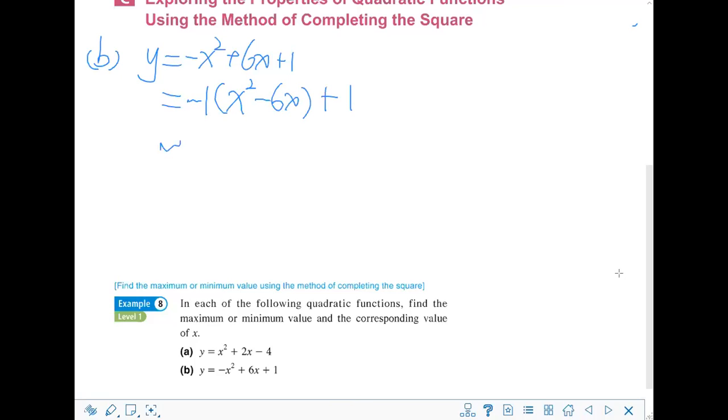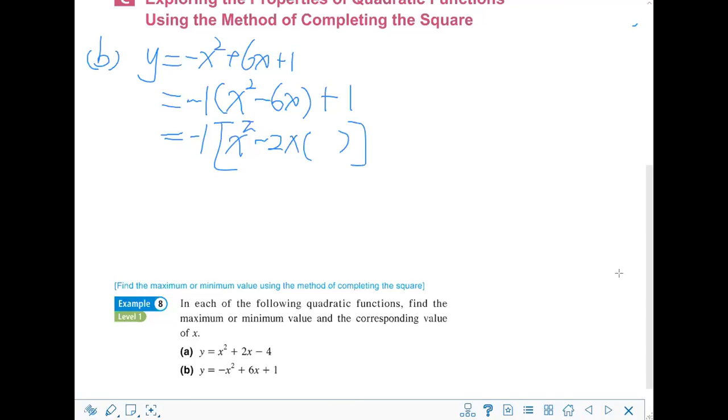And then for the second step, we are going to change this to, so if it's minus, then it's still minus 2x times a number. Okay, the -6x will be changed to minus 2x times a number.